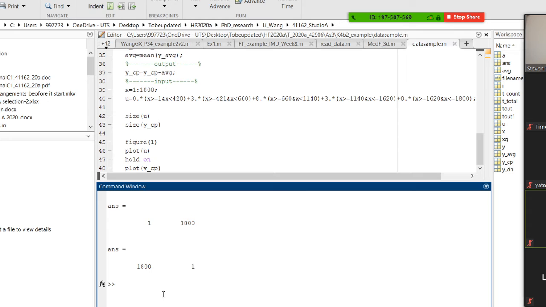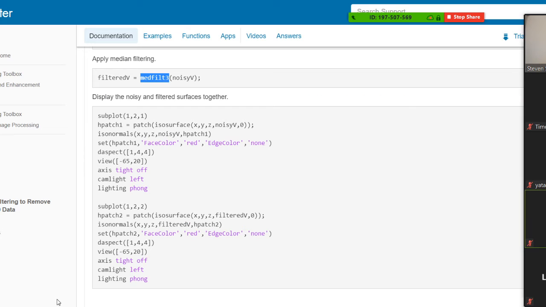We have Y, the measured output, but you know that this one is not very clean. So I use a filter. You have Y filtered, and I use YF to make it simple. So I can use median. This is not 3D, so it's median 1D.